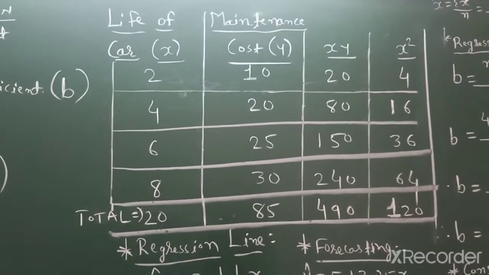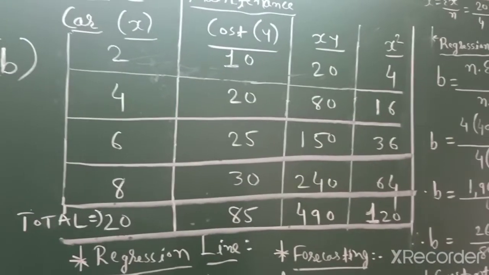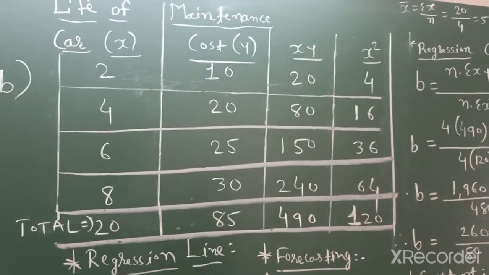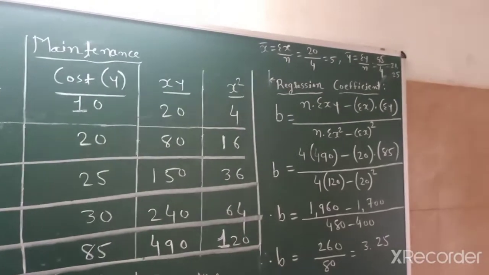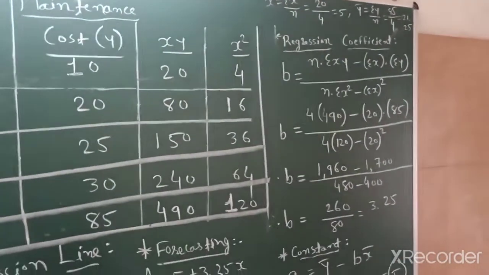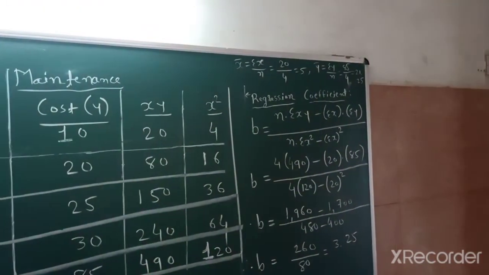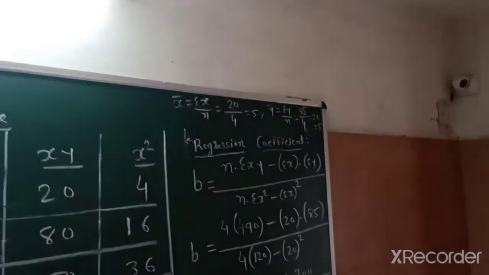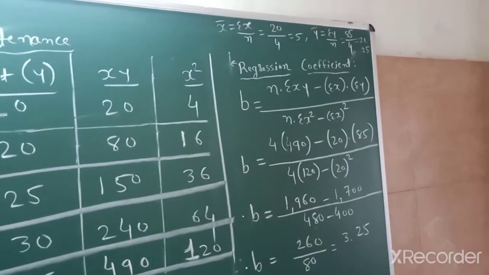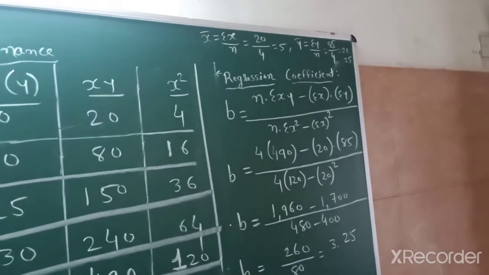Here you can see. Then after that we do the total of all the 4 columns, 20, 85, 490 and 120. Then we find the x bar and y bar. x bar is sigma x upon n and y bar is sigma y upon n. It is 5 and 21.25.